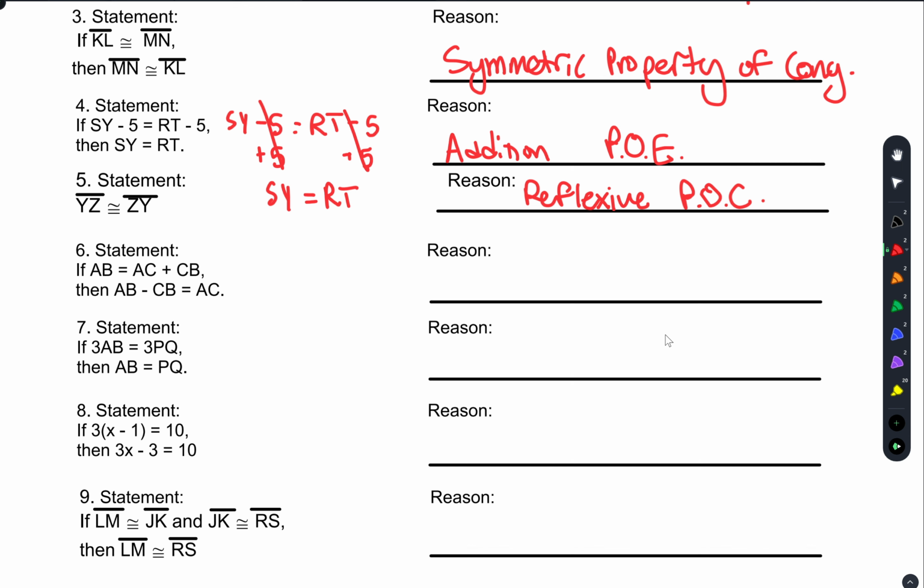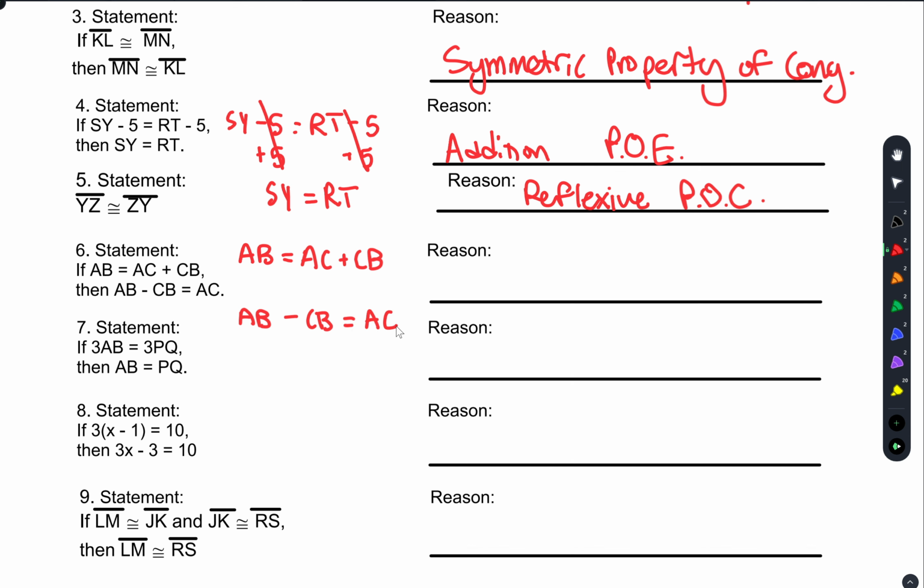Okay, a couple more here. I'm on number 6. AB equals AC plus CB, then AB minus CB equals AC. There's a lot going on in here. Sometimes it's helpful to write these out like I've been doing to see what the algebra is going on inside of here. So AB equals AC plus CB. I want to end up with AB minus CB equals AC.